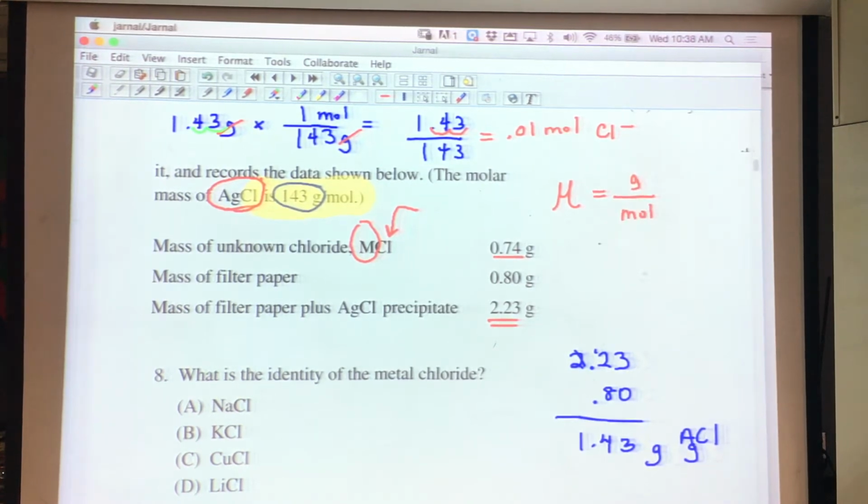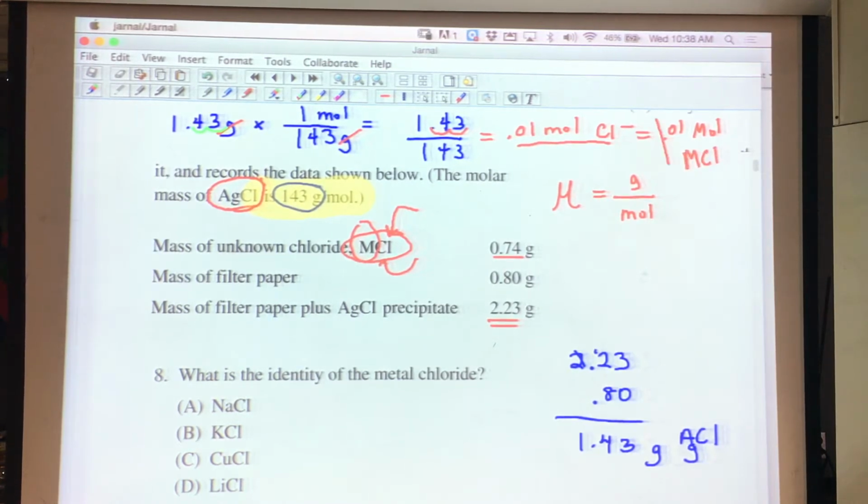Moles. Okay, now, what do I know? Well, I'm trying to figure out the molecular mass, but I do have my moles of the entire compound, don't I? If I have 0.01 moles of chlorine, isn't there 1 mole of this per one of these? Yes.